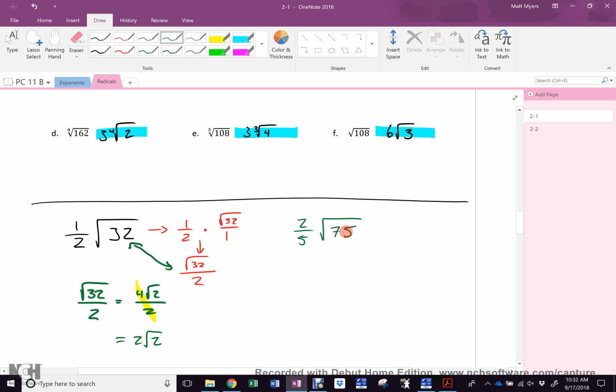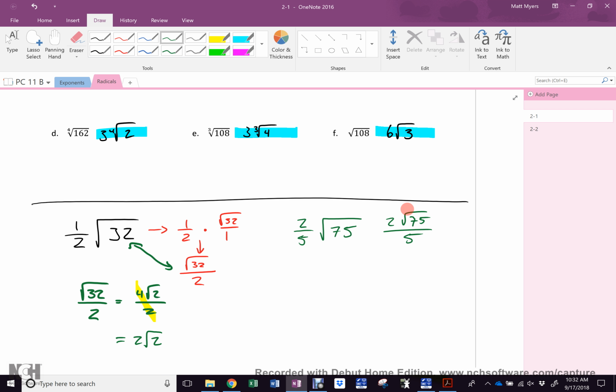You could simplify here, bring it out and multiply, right? Or you could recognize that this is 2 root 75 over 5, and then simplify here, keeping your numbers nice and whole and easy to work with until the end. Does everybody understand?